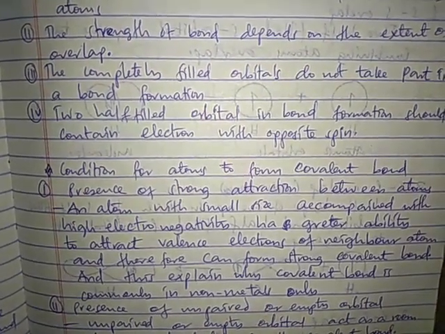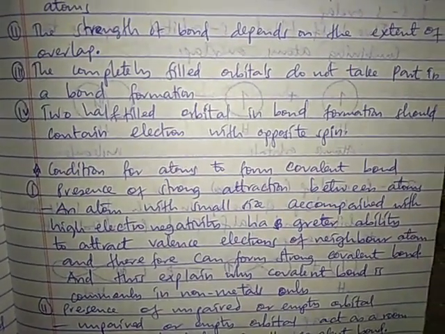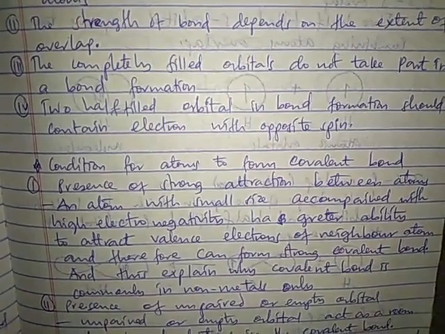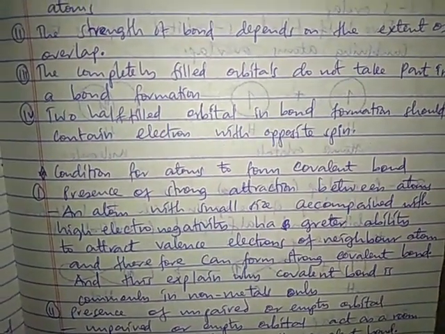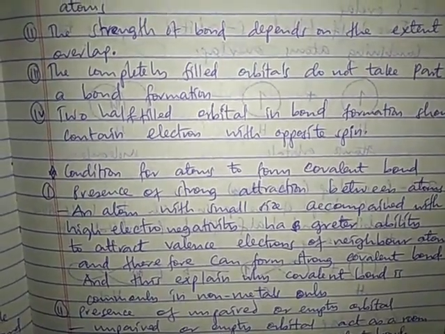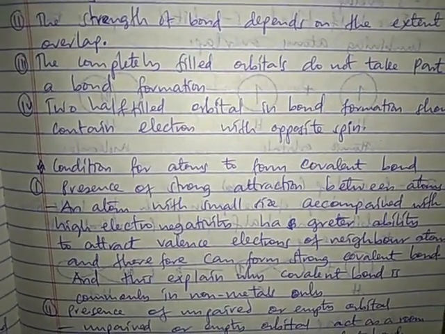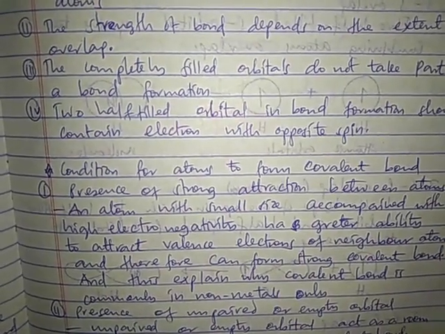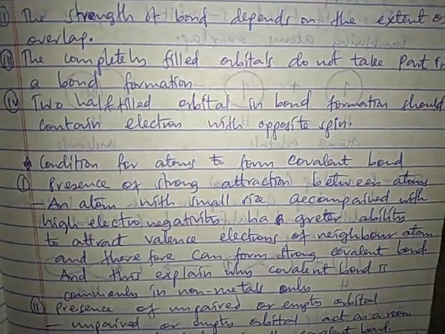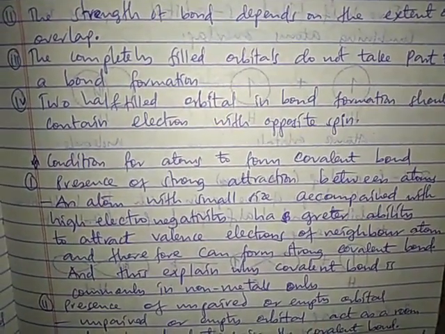And the fourth postulate: two half-filled orbitals in bond formation should contain electrons with opposite spin. If you remember your atomic structure, you remember the spin quantum number. When we talked about spin quantum number, we said that electrons can spin in two different directions. So in order to pair the electrons, the two electrons should have different spin.